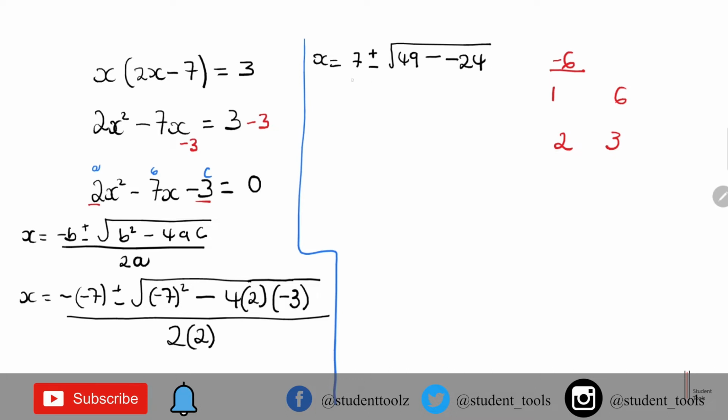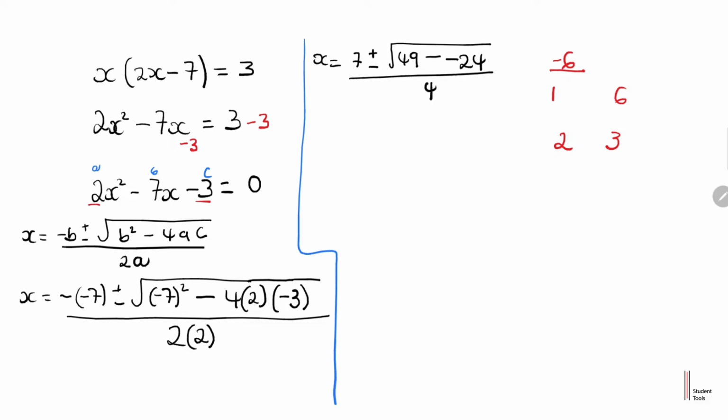All this is over 2 multiplied by 2, that is 4. And then we have x equal to 7 plus or minus the square root of 49 minus negative 24. So 49 plus 24, that is 73. All this is over 4.